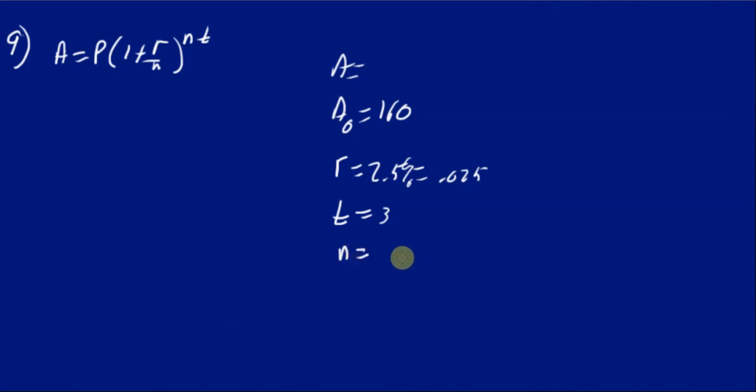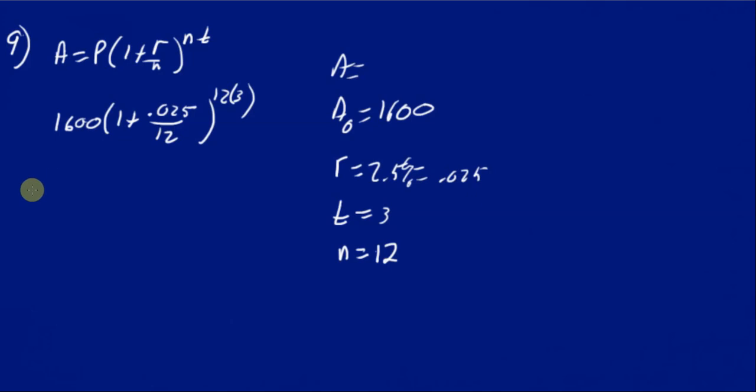It's compounded monthly, and there are 12 months in a year, so we're going to have a 12 there. So we're going with 1,600, not 160, times 1 plus 0.025 divided by 12, raised to the 12 times 3. If you do that properly in your calculator, you should get $1,686.05.